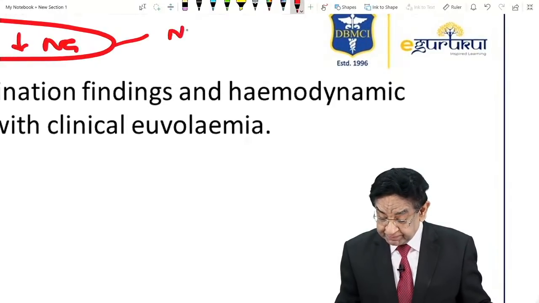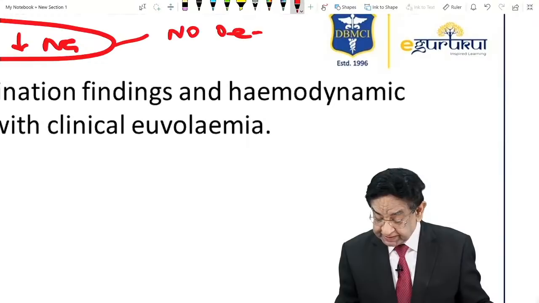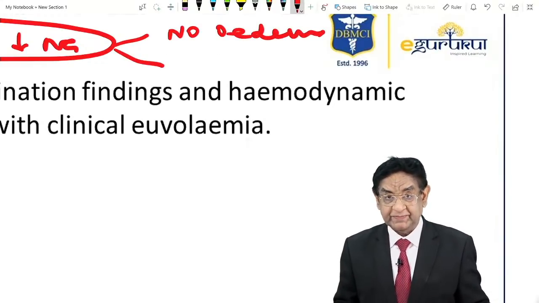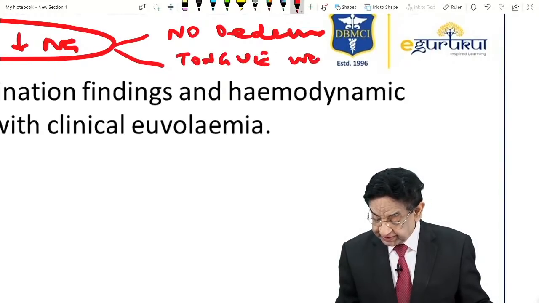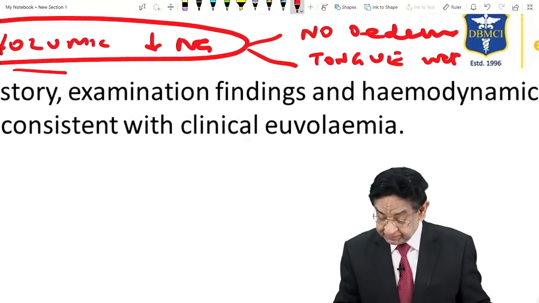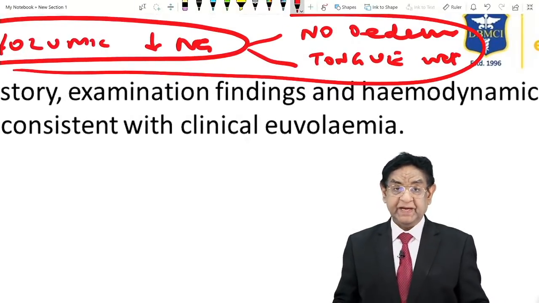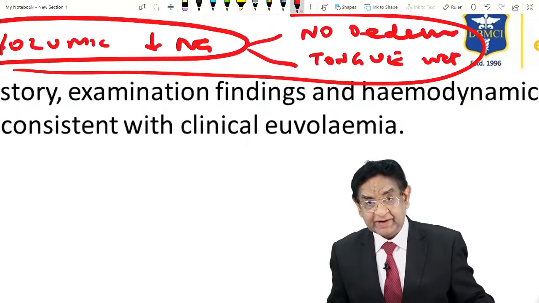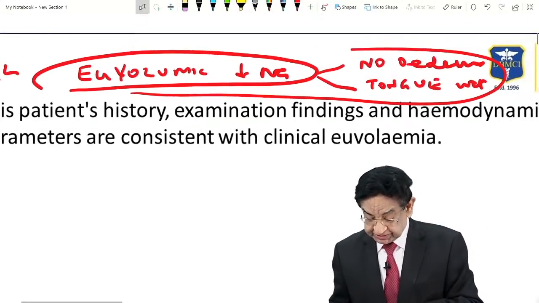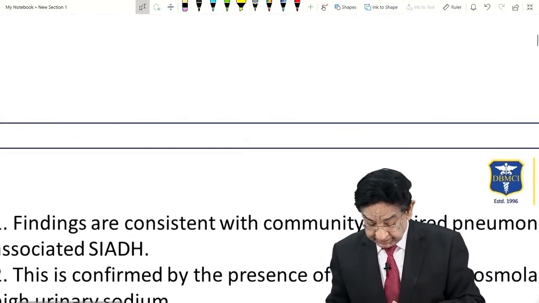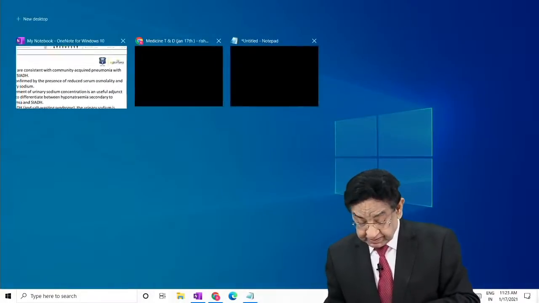No edema. I am repeating this line so that it goes deep into your mind, you don't forget. And tongue wet. This you can write, tongue is wet. Very simple. With this background, we are very clear that we are dealing with SIADH, right?